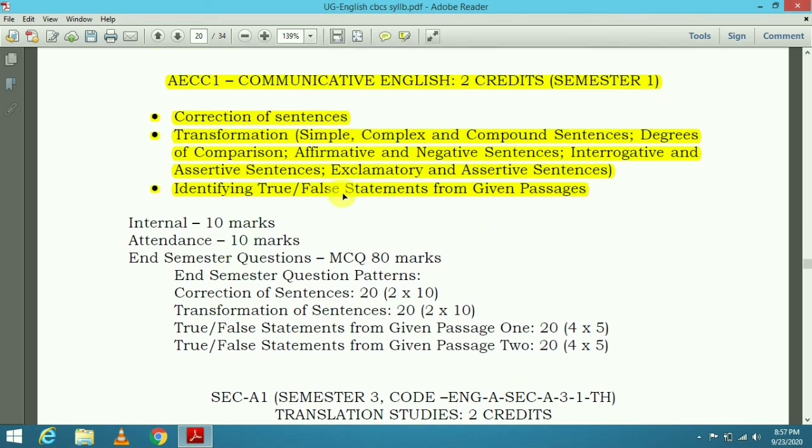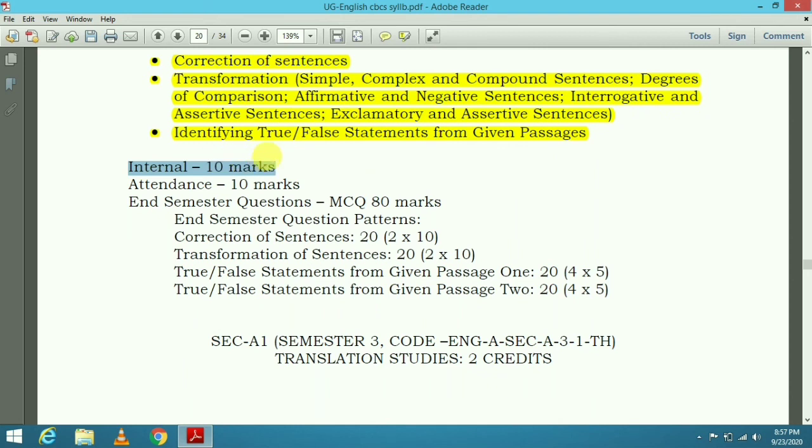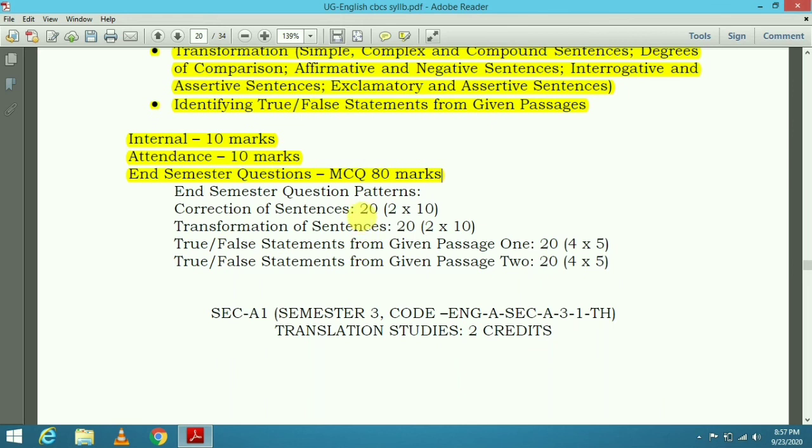Now let us look at the marks division. Internal, you will have 10 marks, attendance 10 marks, end semester question MCQ 80 marks. So there will be 80 marks MCQ. So this is really great. Let us look at the end semester question pattern. Correction of sentence 20, 2 into 10.